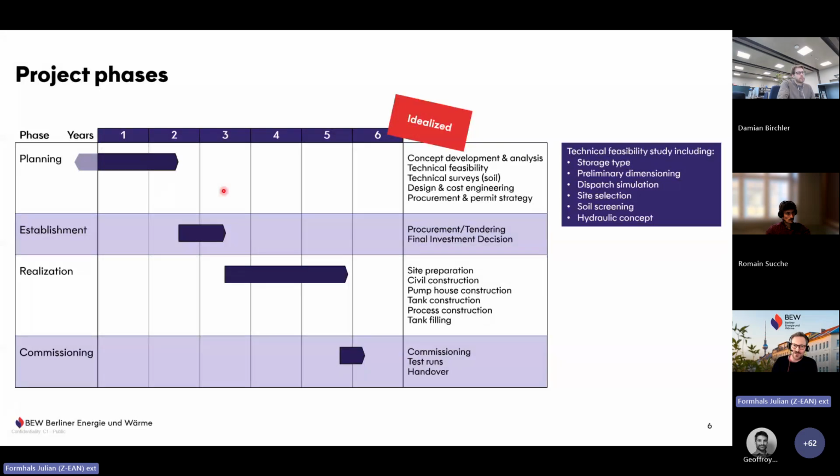So here is a very, very idealized schedule of our project, because it has quite a bit of history, and I wanted not to go into too much detail.